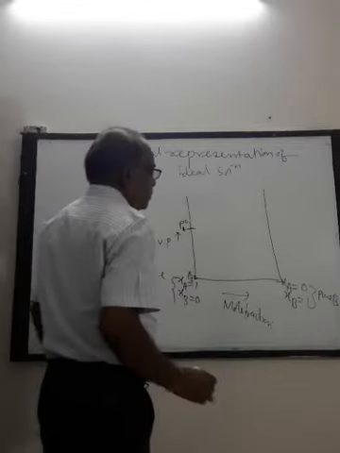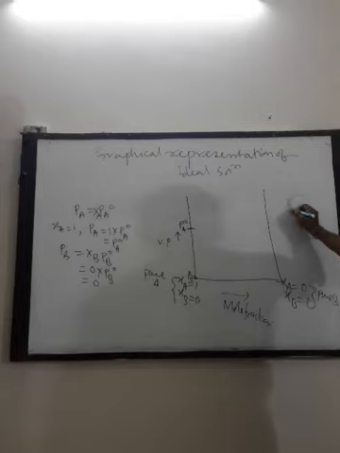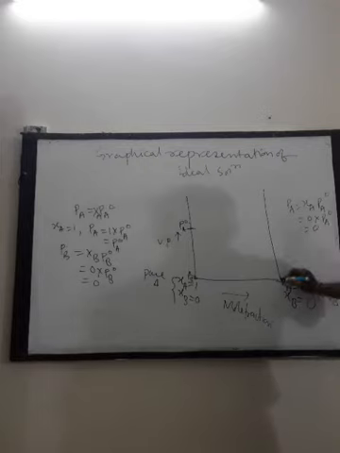Now at this point, PA equal to XA PA naught. So XA equal to 0. So PA value is 0.